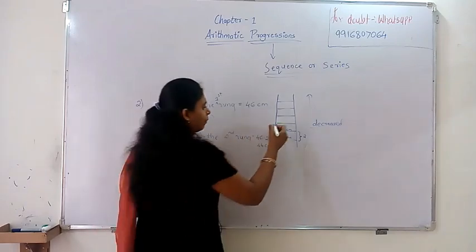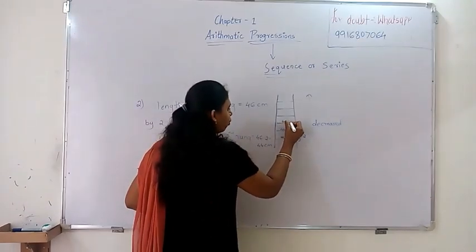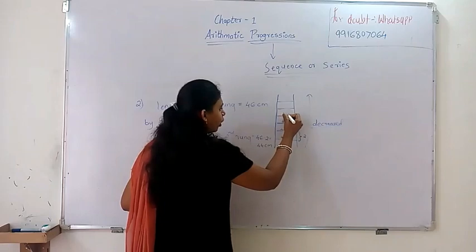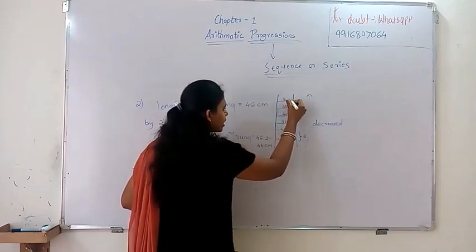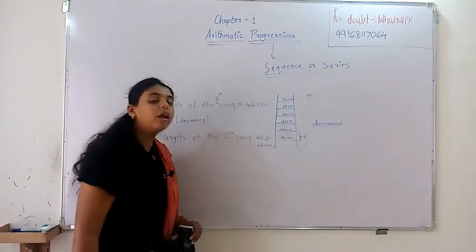Again a decrement of 2 means 42 centimeter, then 40 centimeter, 38 centimeter, 36 centimeter. Like that it goes on decreasing.